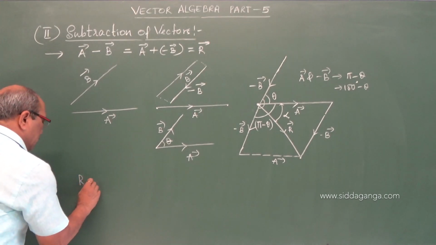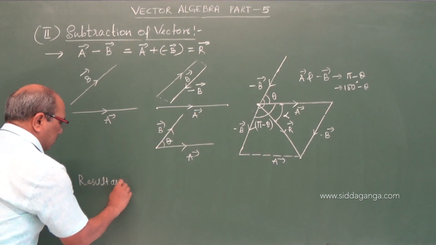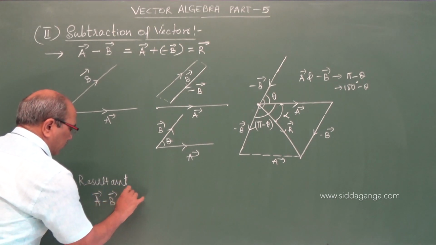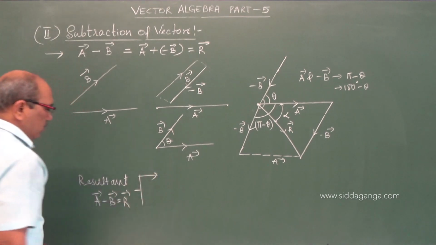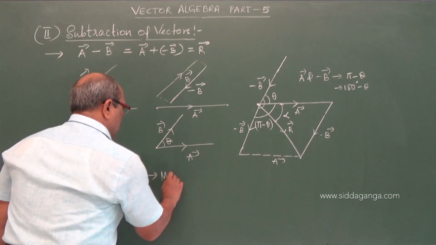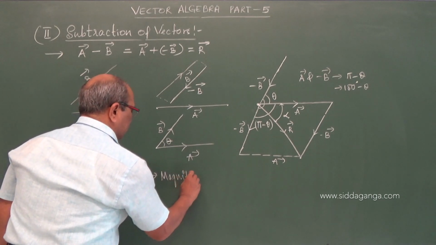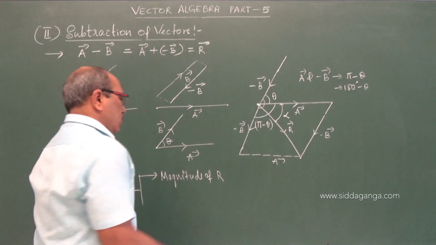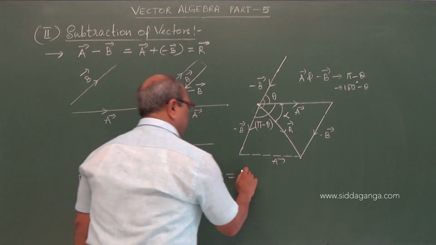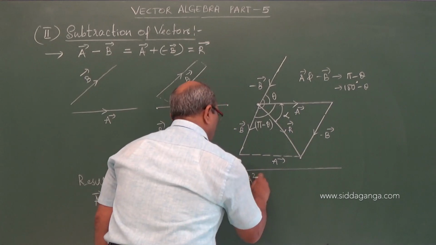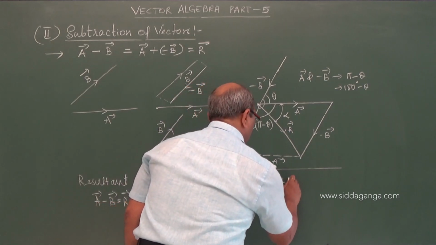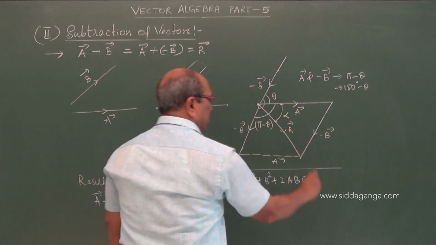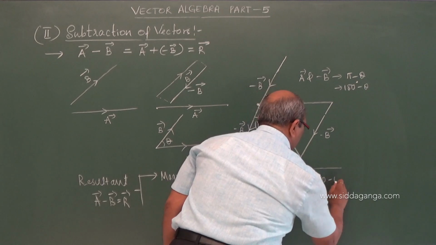If you want the resultant of two vectors, A minus B as R, the magnitude of R is equal to the root of a square plus b square plus 2ab cos of, not theta, but 180 minus theta.